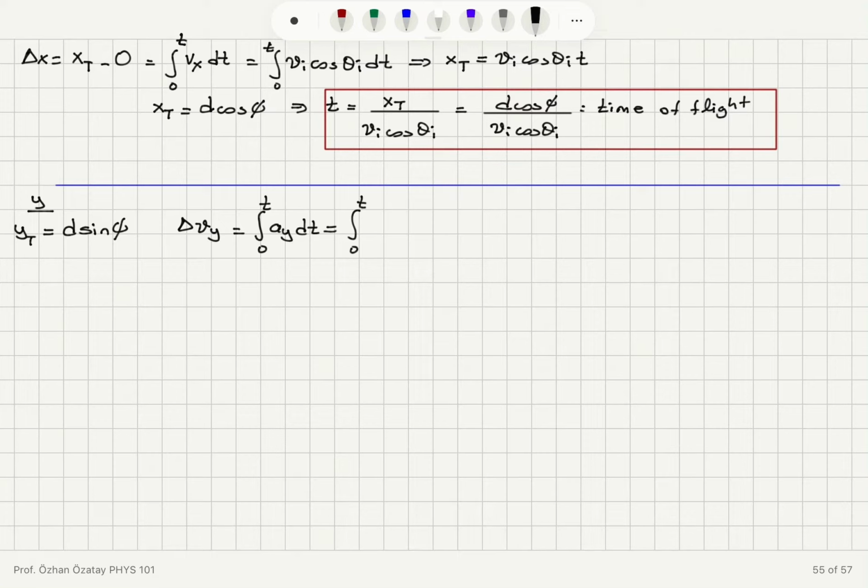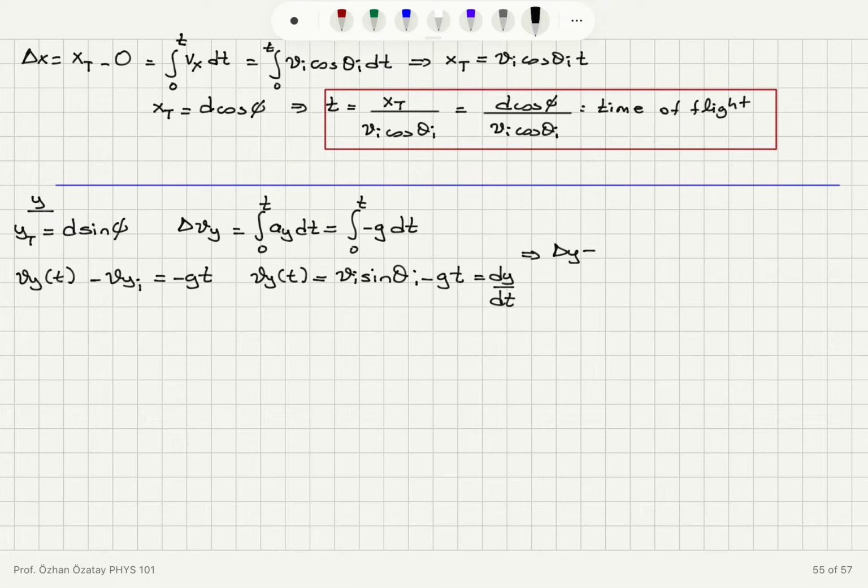Acceleration is in the minus g j hat direction, so it's the integral from 0 to t of minus g dt. So we find that the velocity at time t minus the initial velocity is minus gt, and the velocity as a function of time is given by the initial y component, vi sine theta initial minus gt. And this must be equal to dy dt.